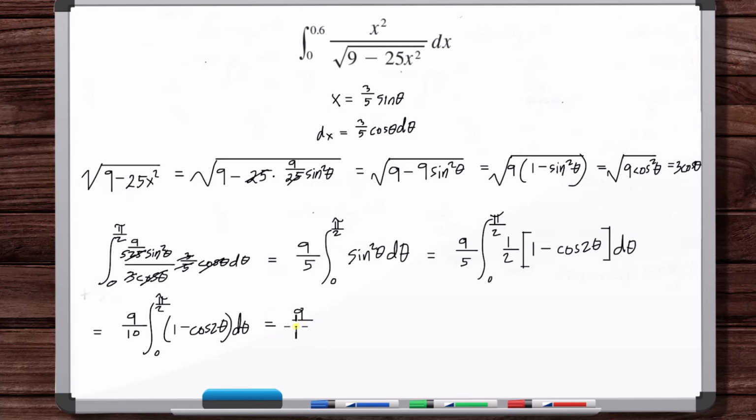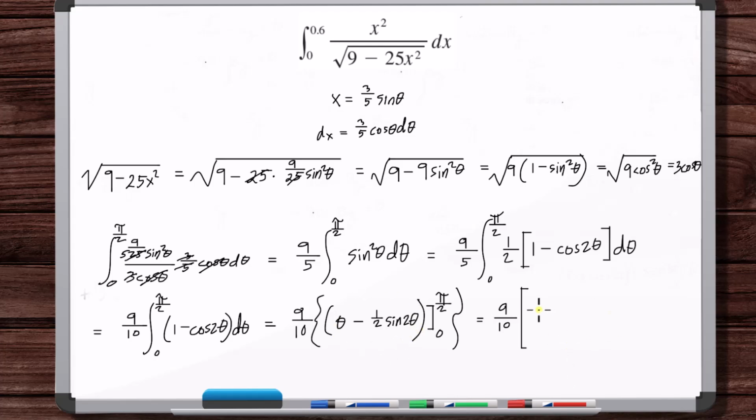So it's going to be theta minus, and then the integral of cosine 2 theta is 1/2 sine 2 theta. Then we're going from 0 to pi over 2. If we plug in 0, this entire term is 0.